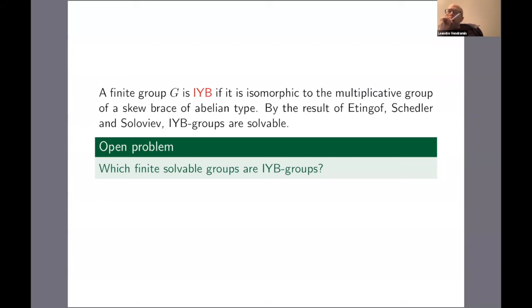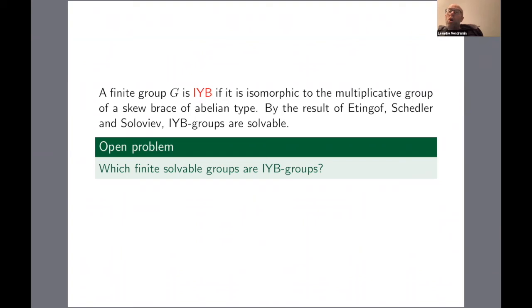Good. So, as I said before, by the theorem of Etingof, Schedler, and Soloviev, involutive Yang-Baxter groups are always solvable. So the natural question is, which solvable groups are involutive Yang-Baxter groups? Of course, we don't know the answer, okay? This is wide open. It's quite difficult to answer this question.